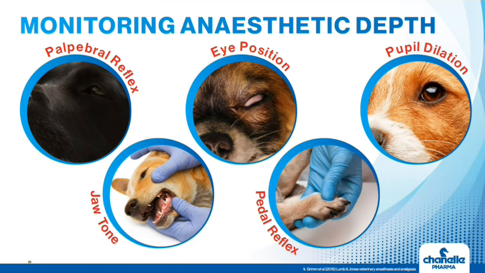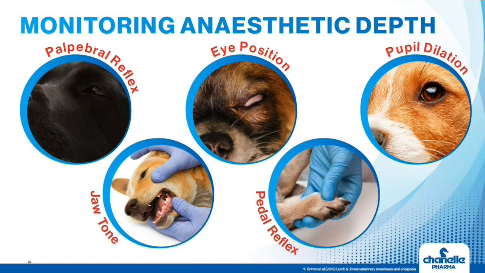So these are the 5 factors that are going to come into play when assessing anaesthetic depth. The first here is palpebral reflex, and this is typically absent at surgical anaesthetic depth. Second here is eye position. As anaesthesia deepens, the eye moves from a central position to a ventromedial position, with mainly the sclera then being visible.